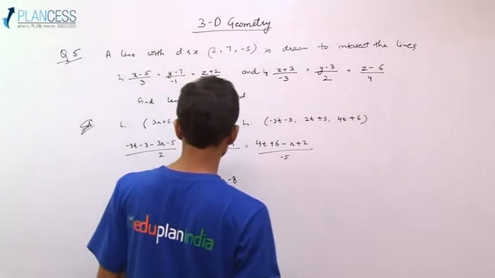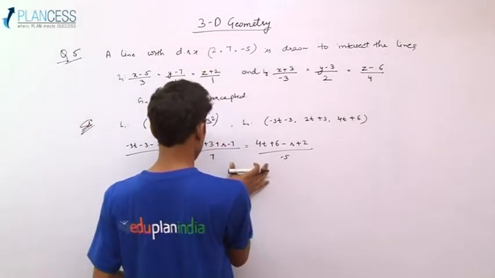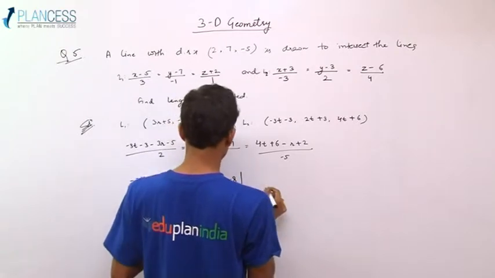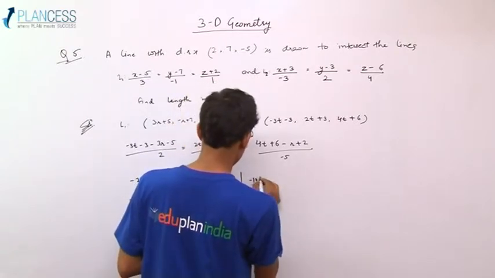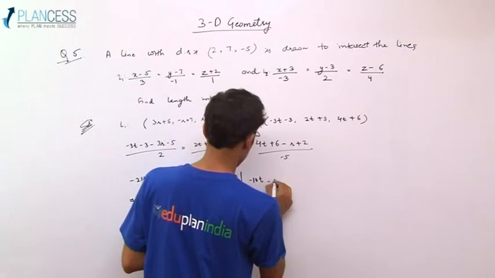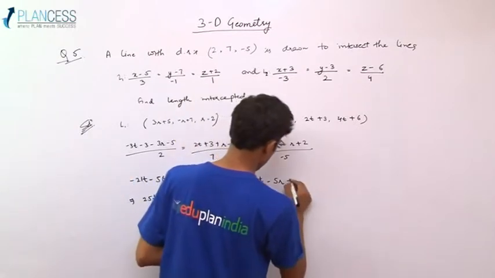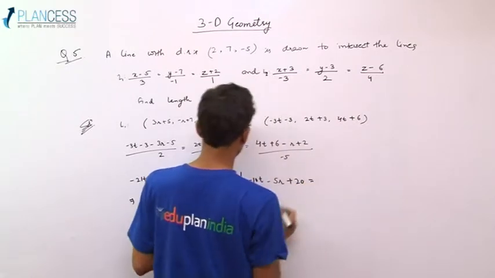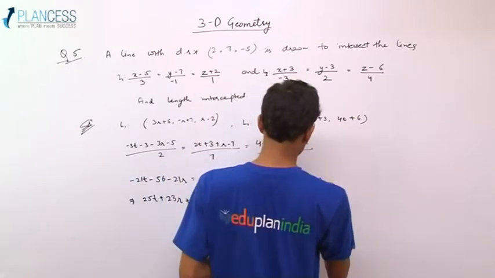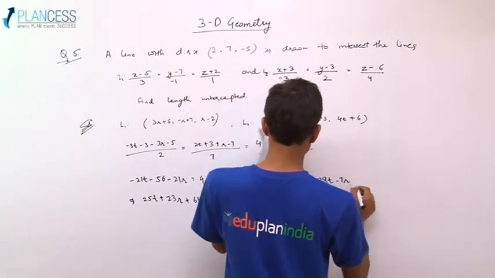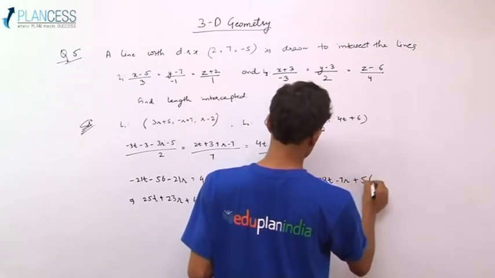Now let's solve the other two equations. So by solving these two we get minus 10t minus 5r minus 20 is equal to 28t minus 7r plus 56.